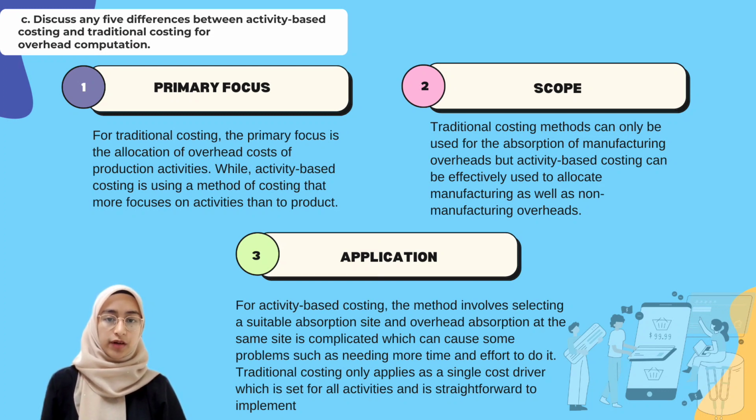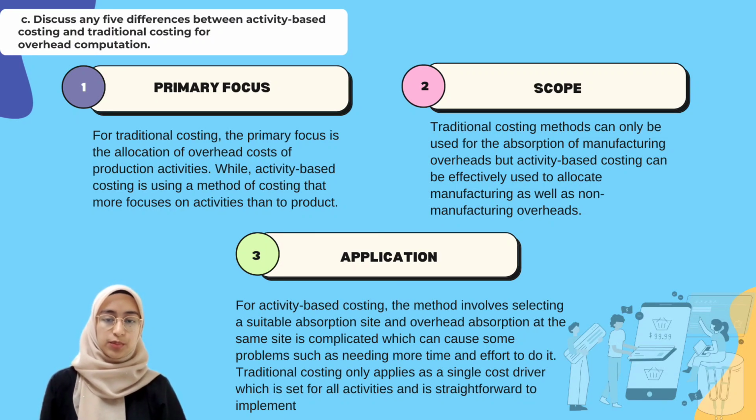The second difference is based on the scope. The traditional costing method can only be used for the absorption of manufacturing overhead, but activity-based costing can be effectively used to allocate manufacturing as well as non-manufacturing overheads, for example, selling, administration, and others. This makes the business allocate overheads more accurately.